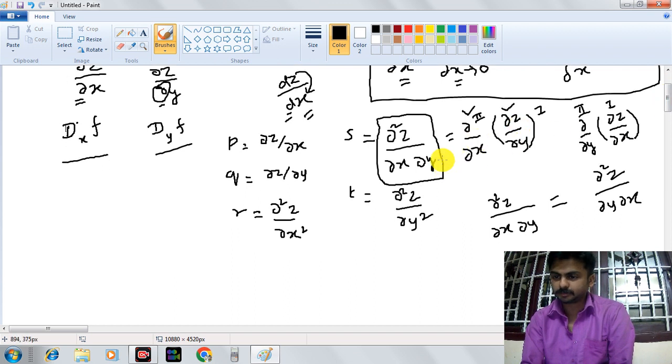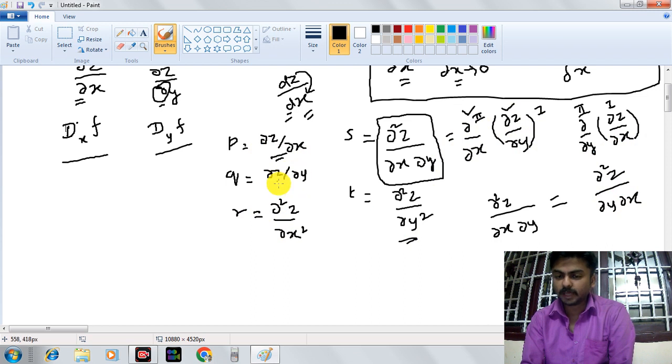Here dou square z by dou x dou y means first we are differentiating z with respect to y and then with respect to x. In the same way, dou square z by dou y dou x means first we are differentiating z with respect to x and then with respect to y. So here dou square z by dou x square means we are having p, that is dou z by dou x, that is again differentiated with respect to x, and dou square z by dou y square means here we are having q, that is dou z by dou y.